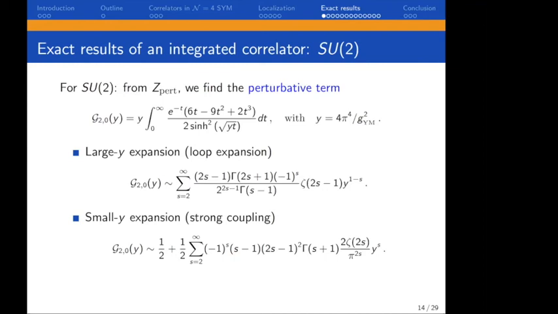But you are right, if I want to complete the story, namely including instantons, at this moment there is no known procedure for how to do that. Thanks.